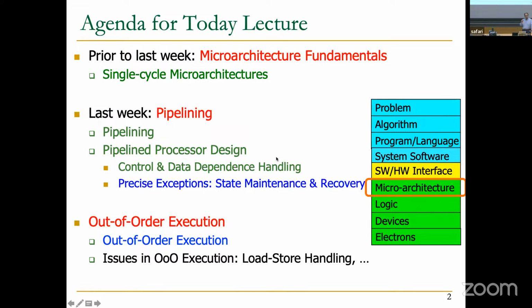Today, I'm gonna continue a little bit about pipelining related to precise exceptions, because this is quite important to understand this lecture very well. And then we will jump to out-of-order execution, how we do it, and how we can make sure that things can execute out of order, but still correctly. Which is quite important.